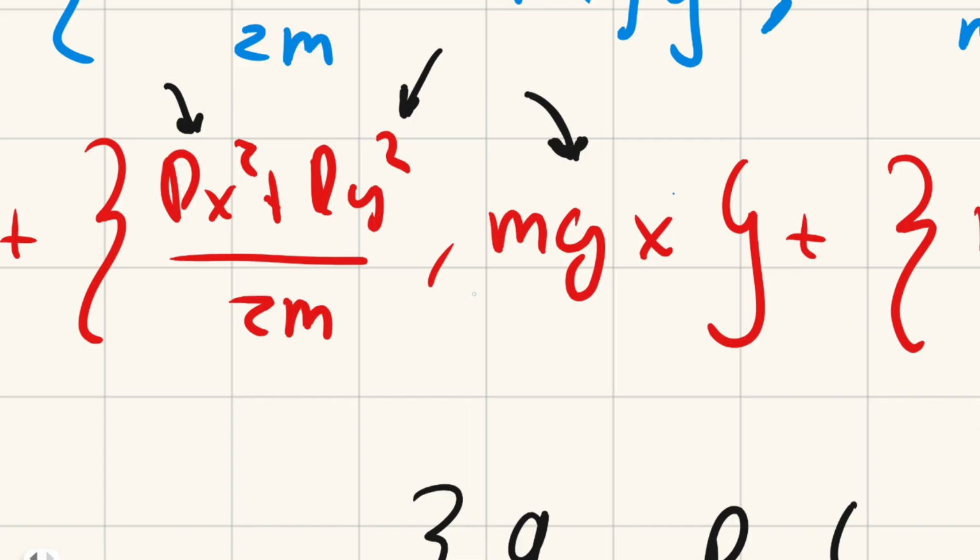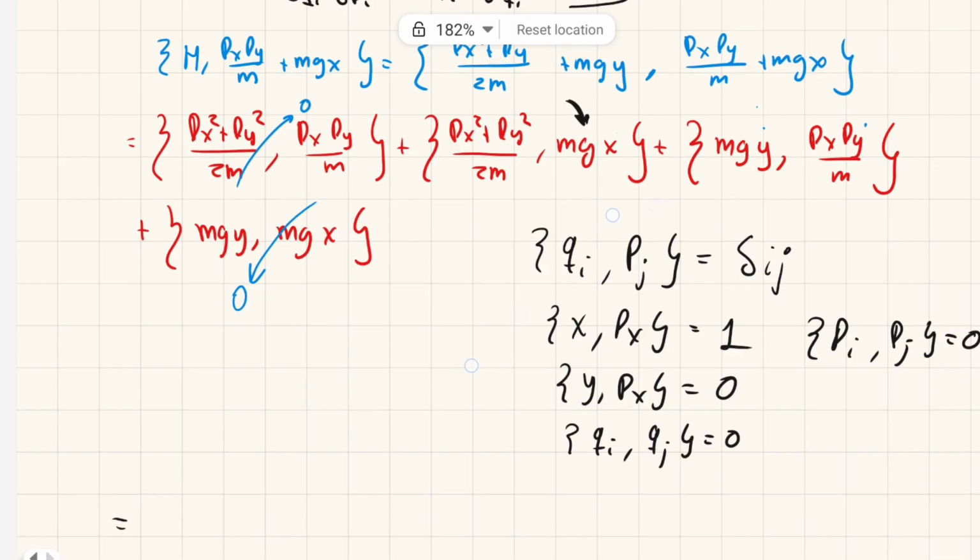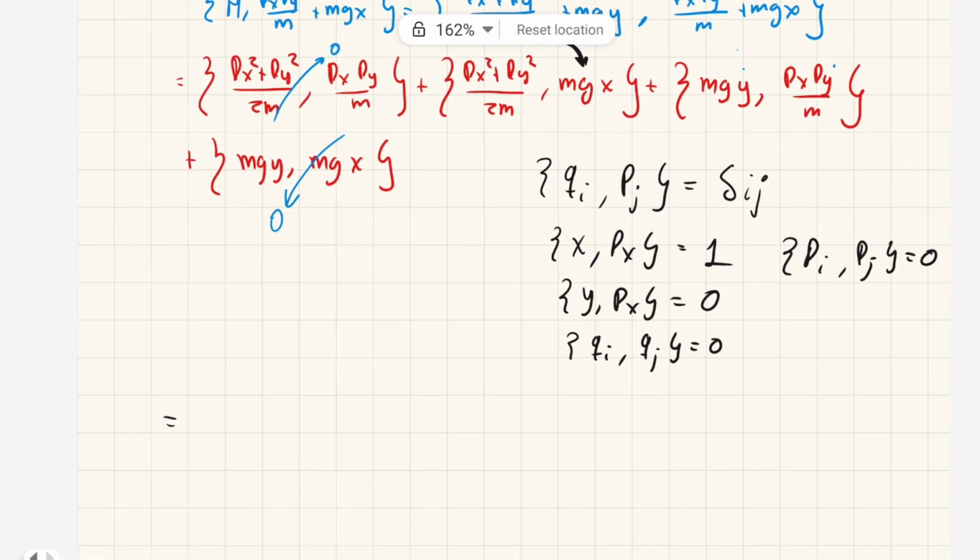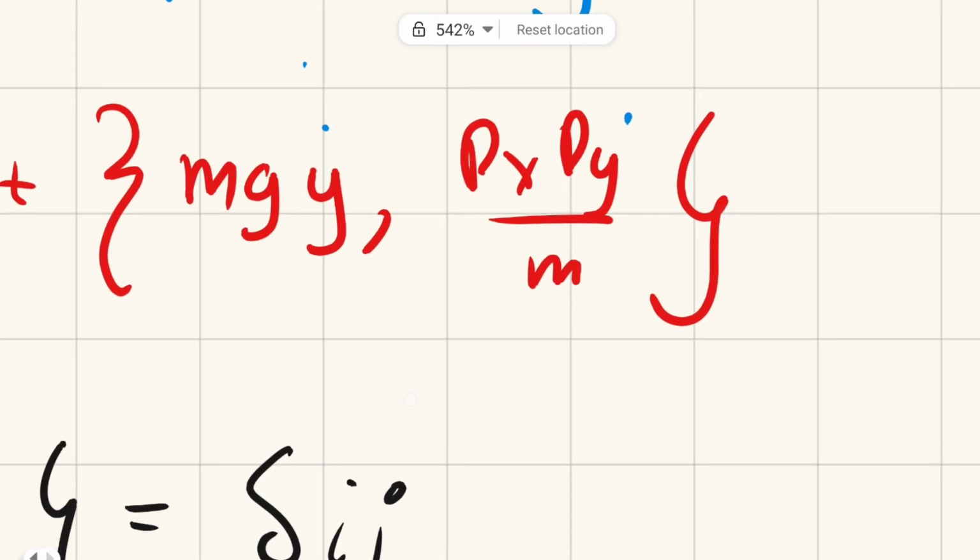So that means that all this is going to be the Poisson brackets of just this quantity with this quantity. Okay, perfect. So we are going to establish that this is going to be equal to the Poisson brackets of px squared divided by 2m with mgx.